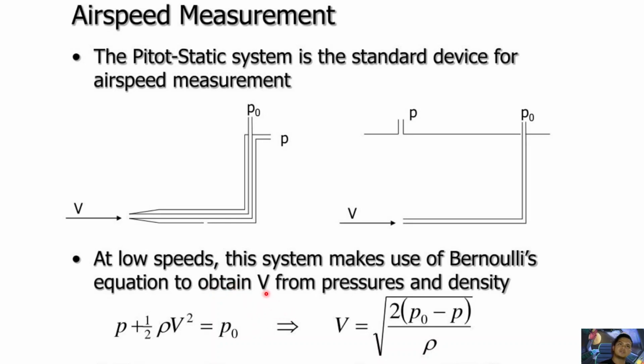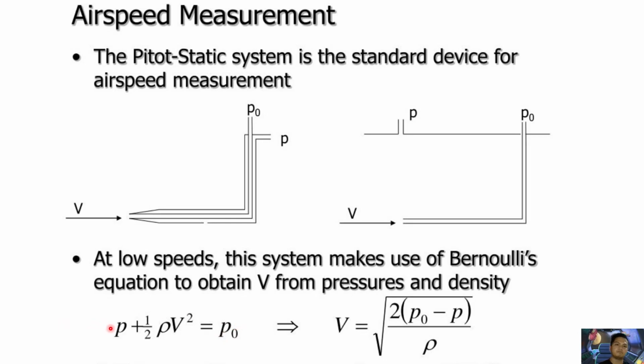So, in application doon sa pitot-static system na kung saan the stagnant pressure or total pressure has a zero velocity, kaya mapapansin nyo here is walang velocity na itong part na to. Kasi nga, isentropically to zero yung flow mo at total pressure.